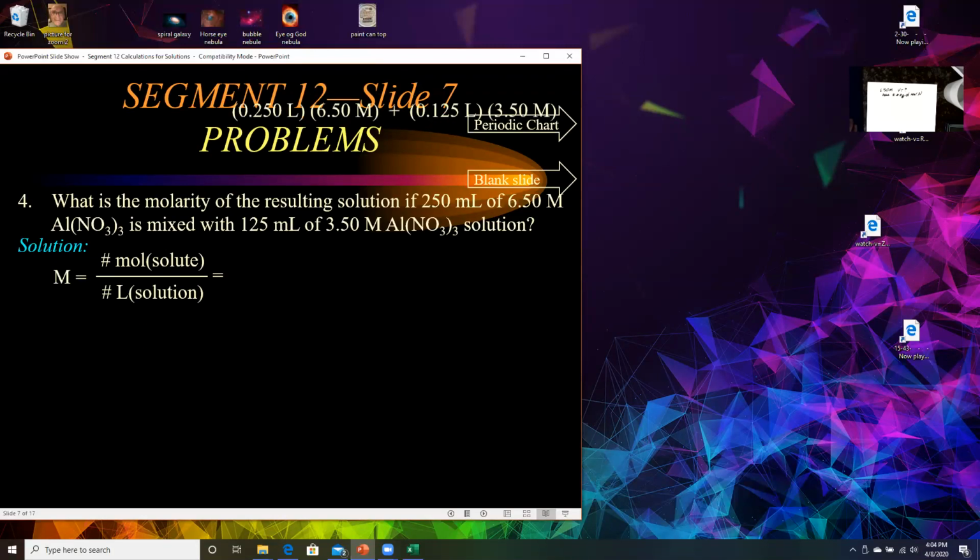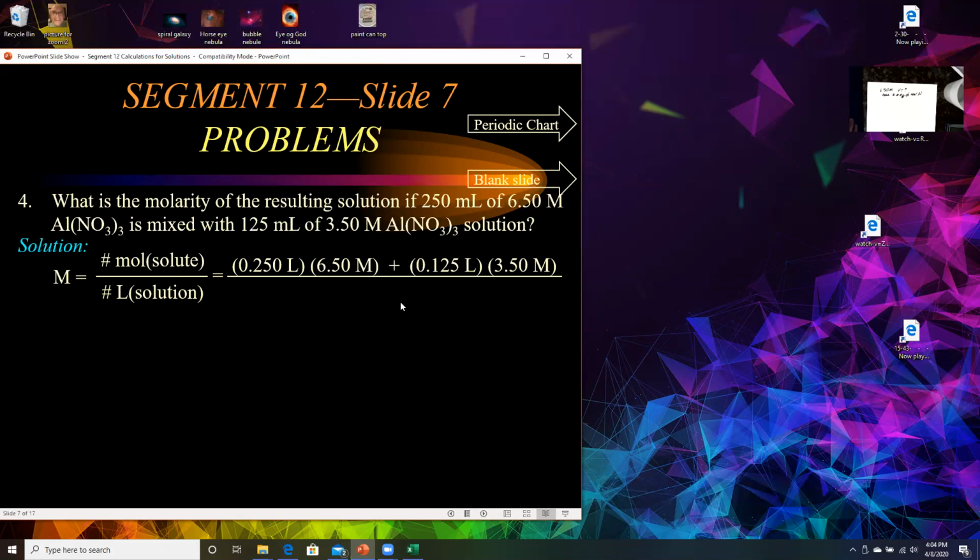Molarity is moles per liter. And so I use that volume times molarity equals moles. Here's the volume of my 250 milliliters of 6.5 molar. Now, notice I did go to liters here. And this is the volume of the 3.5 molar, 0.125 liters.